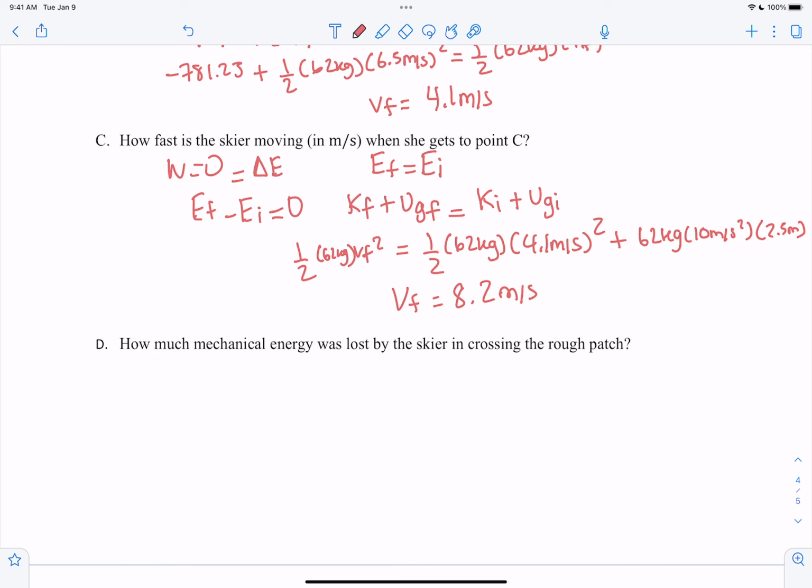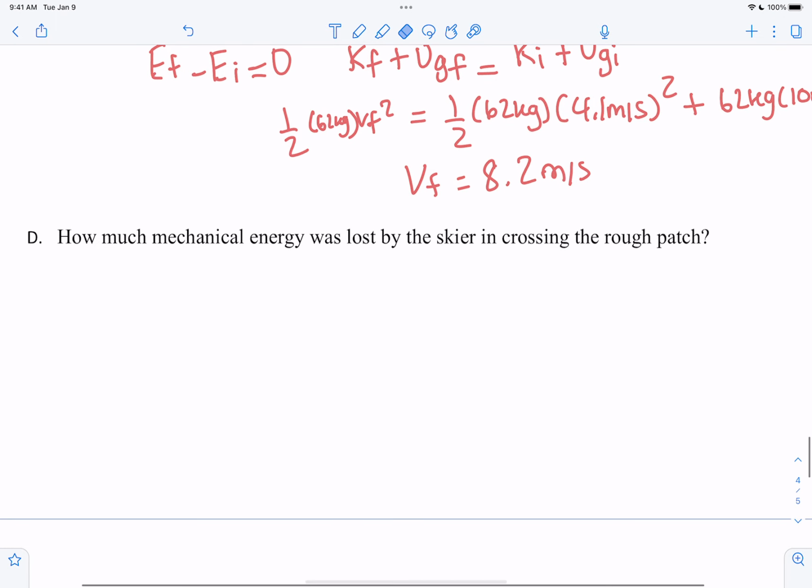So in this case, we can't really say that there's work, right? If we wanted to solve it by looking at mechanical energy and stuff like that, we can't look at work there. So if we want to look at the thermal energy, we will say work is 0.